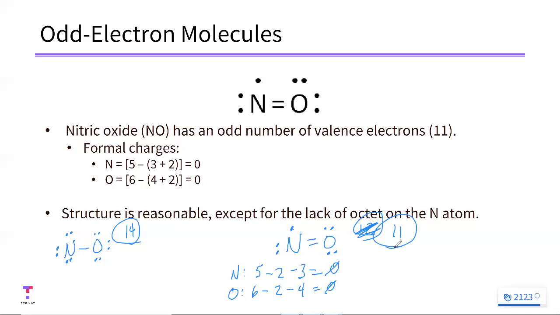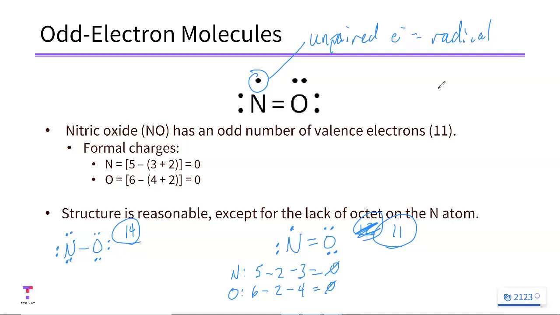And if we pair it up, anytime we have a total valence number that is an odd number, we're going to have one of these scenarios pop up where we end up with an unpaired electron. And that unpaired electron has a name. We call it a radical.